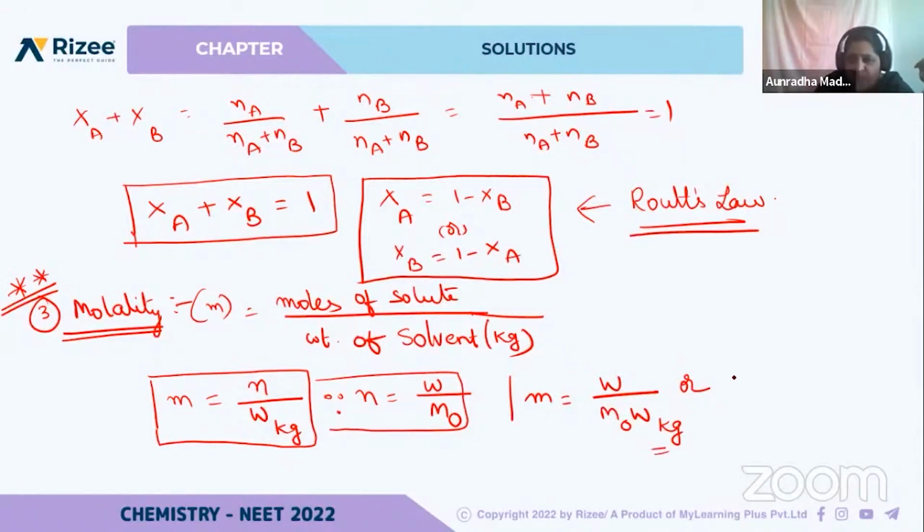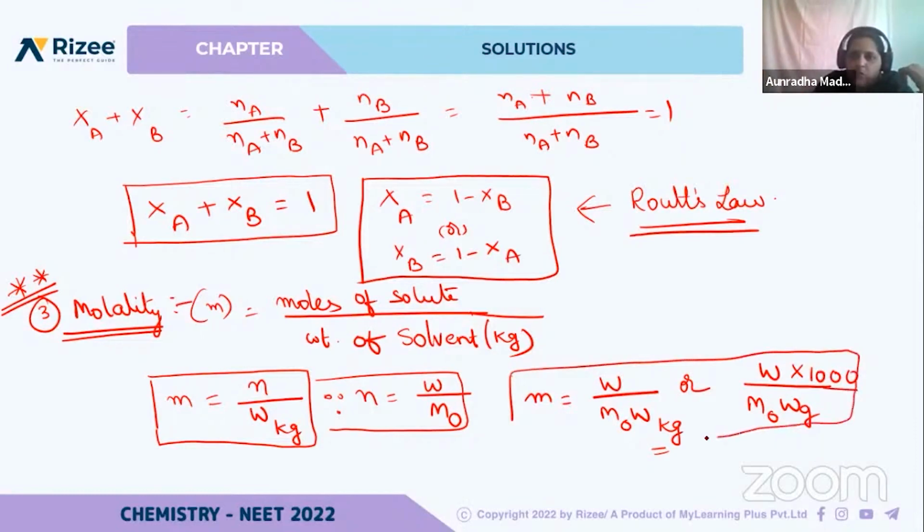If the weight is given in grams, we convert it to kgs using 1000, so it becomes weight of solute into 1000 by molar weight into weight of solvent in grams.